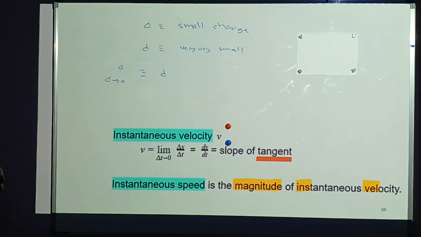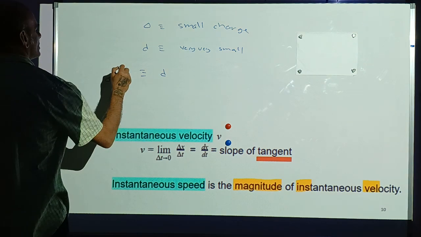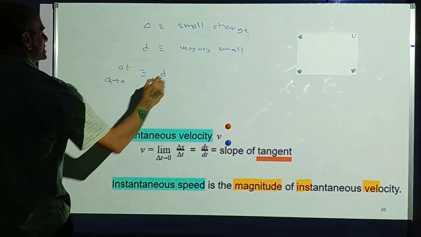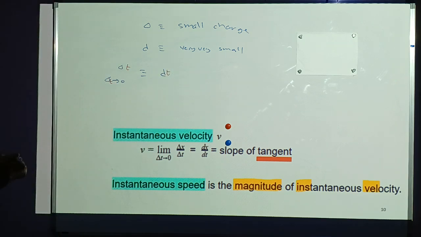So delta t in the limit delta t tending to 0 is the same as dt. Delta stands for small change, d for very, very small change, and in the limit it tends to 0. Instantaneous speed is the magnitude of the instantaneous velocity.